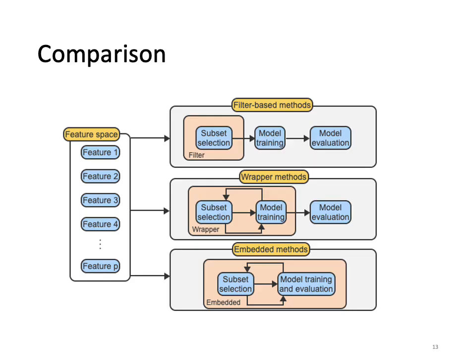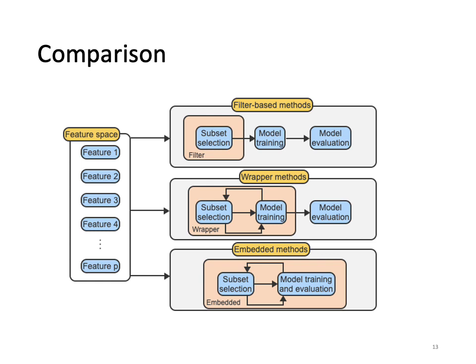In summary, all three feature selection methods begin by loading a data set with all your input features, which you can call the feature space initially. Filter-based methods select a subset of the features before model training.